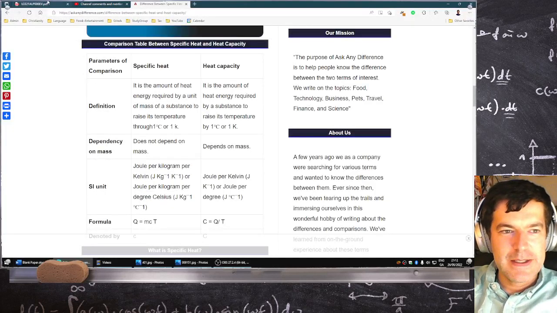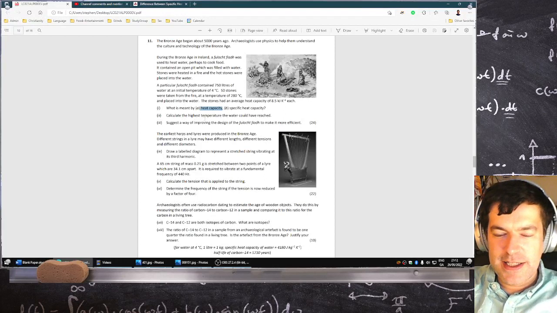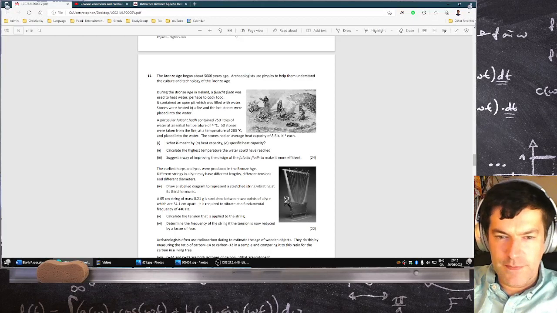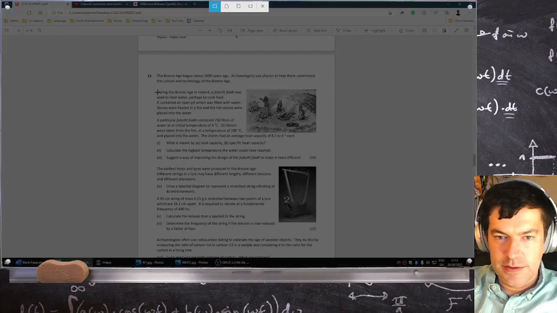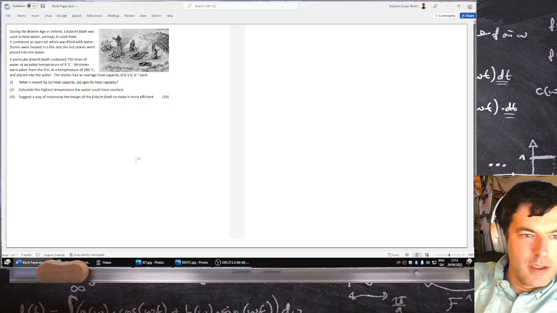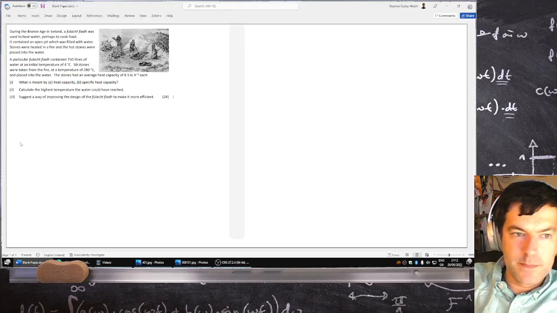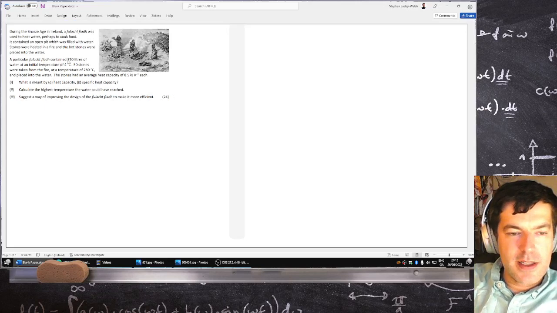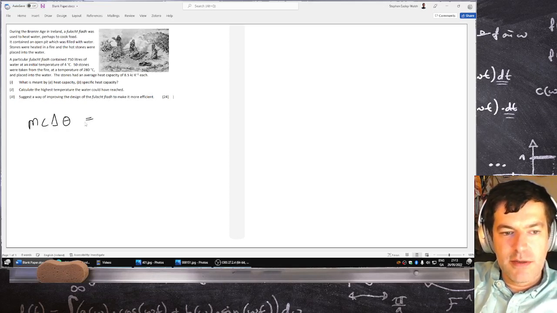Okay, great. Calculate the highest temperature the water could have reached. Okay, let's do the calculation now. You've got 750 liters of water at a temperature of 4, and it rises to, let's say, X. So the energy gained by the water, that's mc delta theta, will equal mc delta theta for the stones.